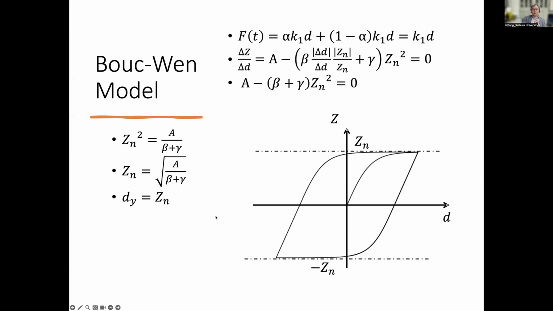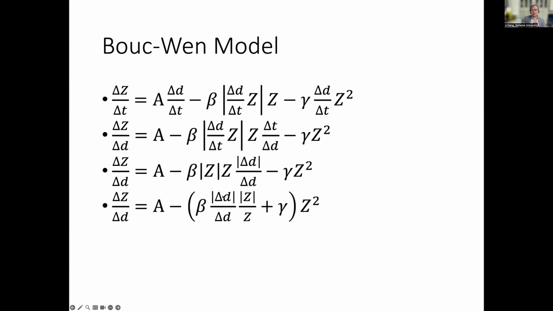You can see in the beginning, z is 0. Here is d, the beginning, so z is 0 and d also 0, right? Delta d is a little bit value. So we can see in the beginning, z is almost 0. So this part, we can ignore this part.